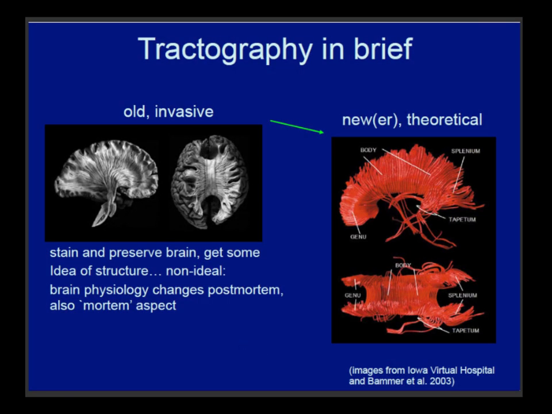And speaking of which, this is again motivating why we care about tractography. We know that the brain is wired, and it's really hard to get an idea of structure, even if we have a post-mortem brain. It starts changing structure very quickly. And it would be very hard to relate to functional connectivity because the person's dead.